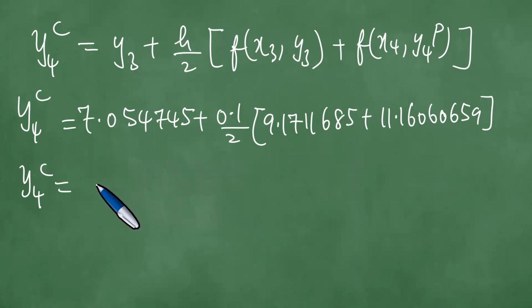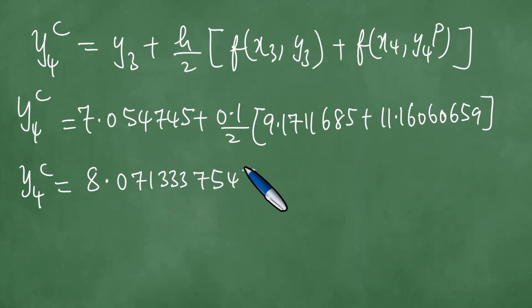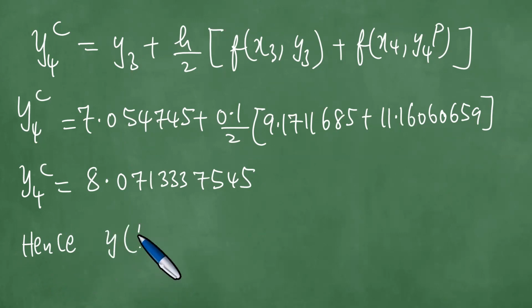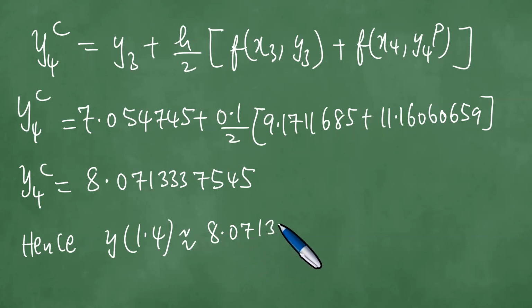It works out to 8.0713337. Hence this last value means that y at 1.4 is approximated to be 8.0713337. So this is the answer to this question.